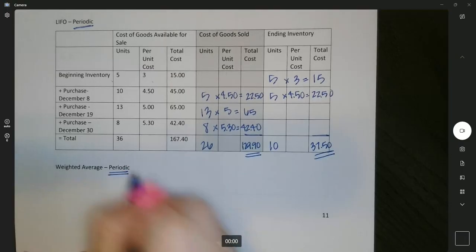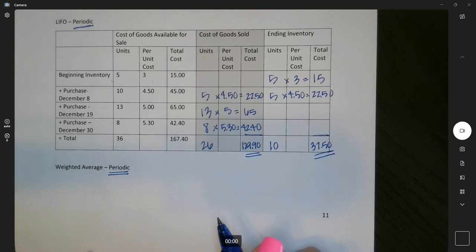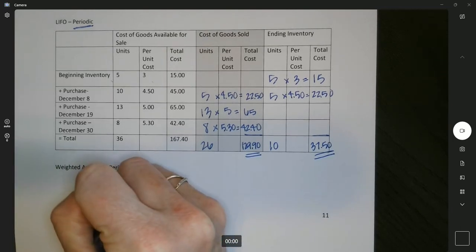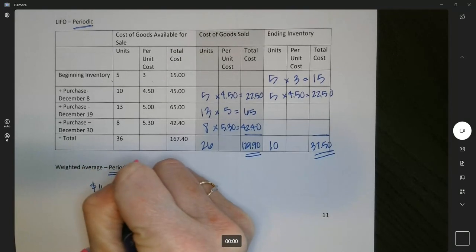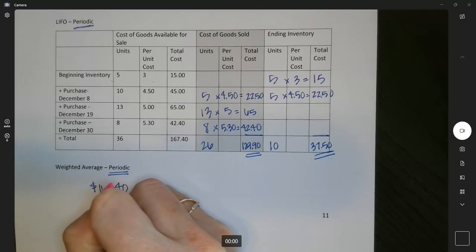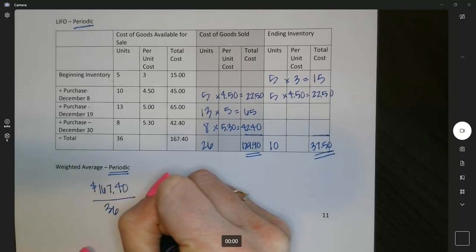Weighted average is also different for periodic. With weighted average, we get to just use all of the information from the period to determine that weighted average per unit cost. So what we will do is we're going to take our total cost of inventory, which was $167.40. We're going to divide it by the total units available, which was 36.